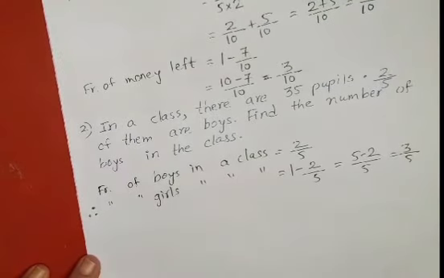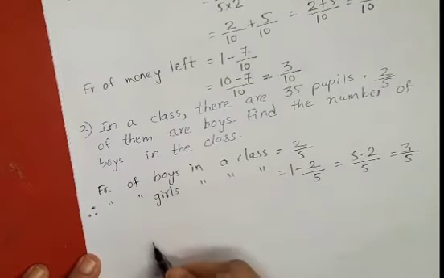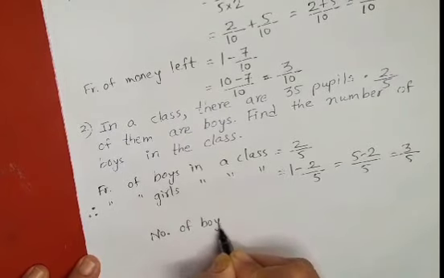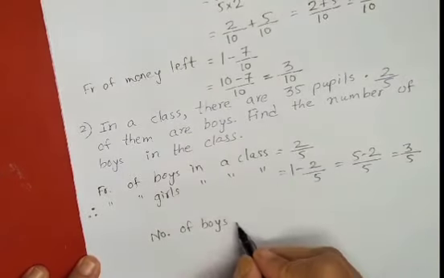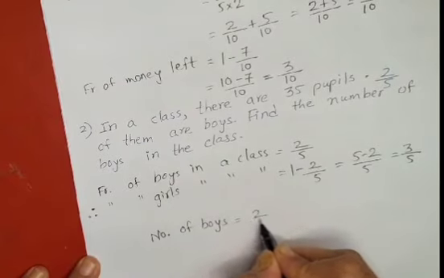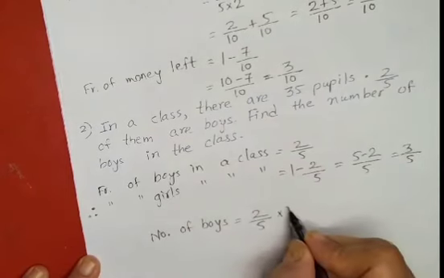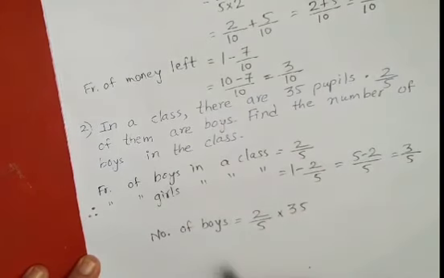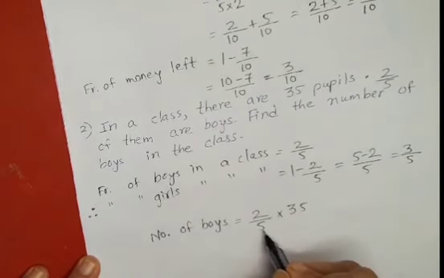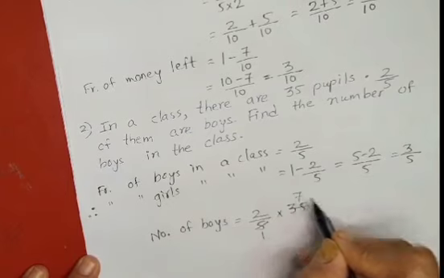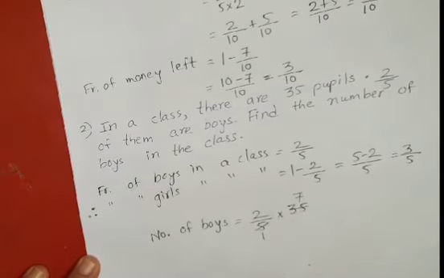Now, in order to get the number of boys in the class, we have to multiply the fraction of boys with the given number of pupils, that is 35. So, after cancellation, 5 times 1 is 5 and 5 times 7 is 35.